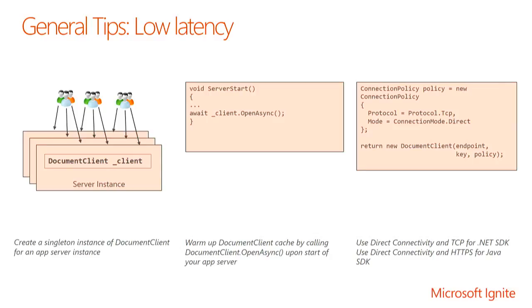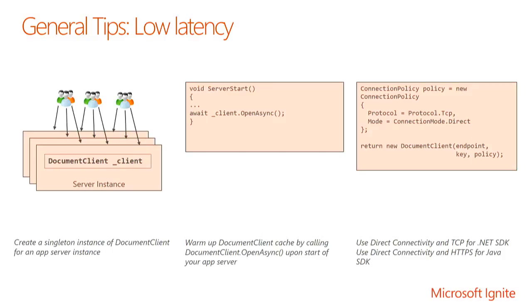It'll pull that topology, and if you use direct mode, you can think of the topology as all of these partitions with all of these different replicas, right? In front of it, for things like a REST API, we have a gateway. By default, if you connect in gateway mode from an application, it goes to this gateway, and then the request gets routed to a replica.